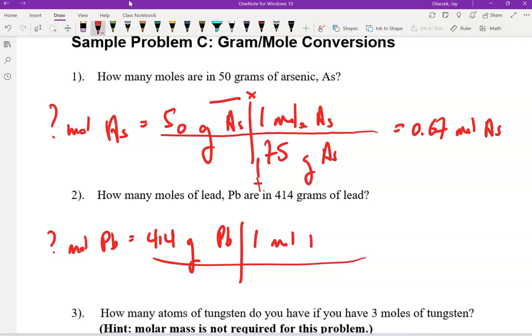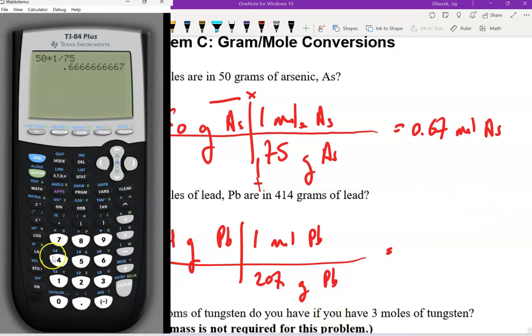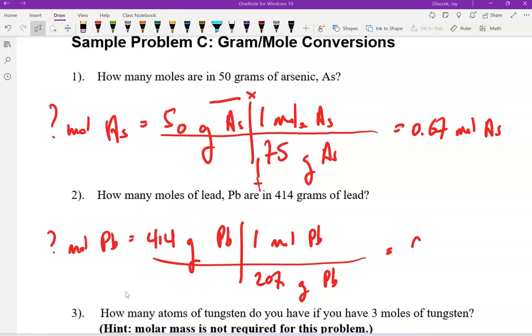That means we're going to put 1 mole of lead on the top. 207 grams goes on the bottom. Let's take our calculator. We're going to say 414 times 1, and divide that by 207. And we get 2 moles of lead. Okay, easy peasy.